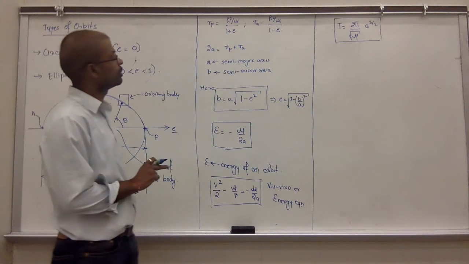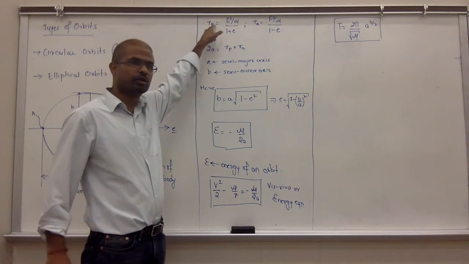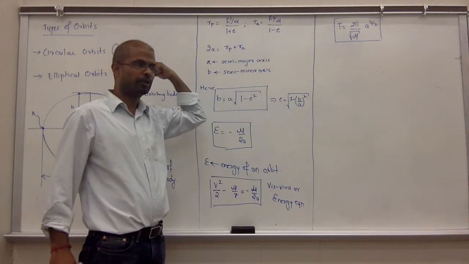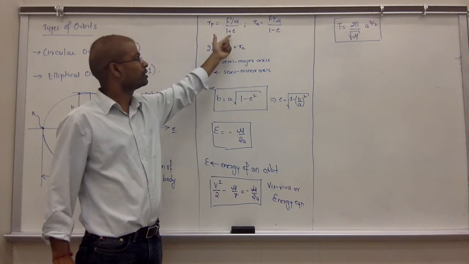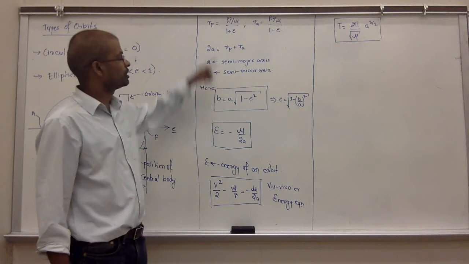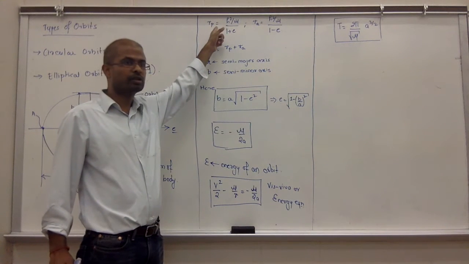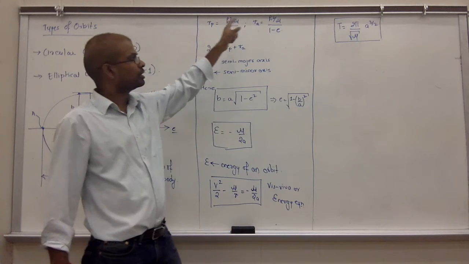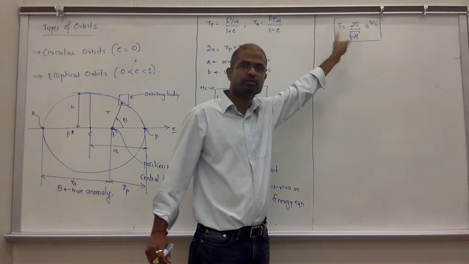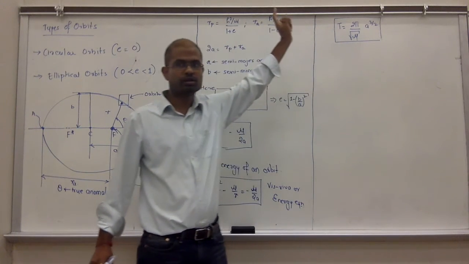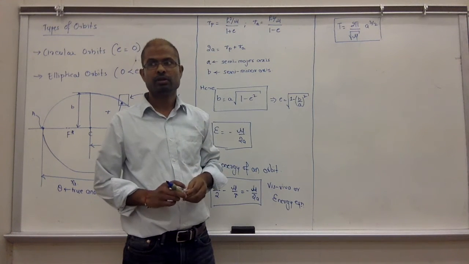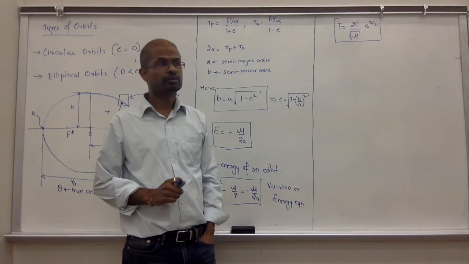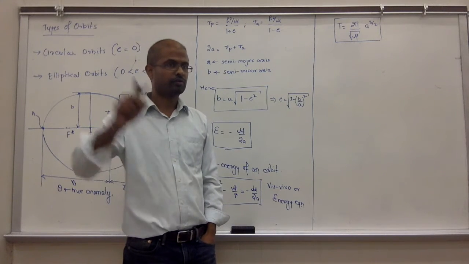Kepler's first law, this is Kepler's first law for an elliptical orbit. Right? So this is a special case, but you can think about this as Kepler's first law. This is Kepler's third law. What does Kepler's third law say? The square of the time period is proportional to the cube of the distance.